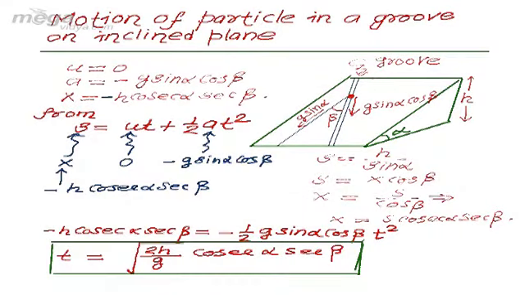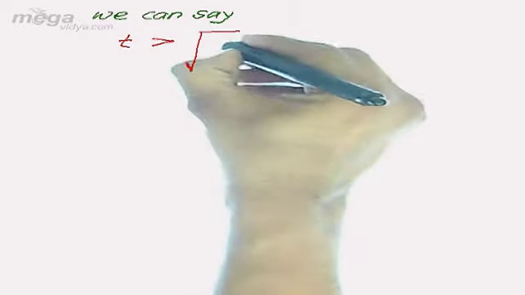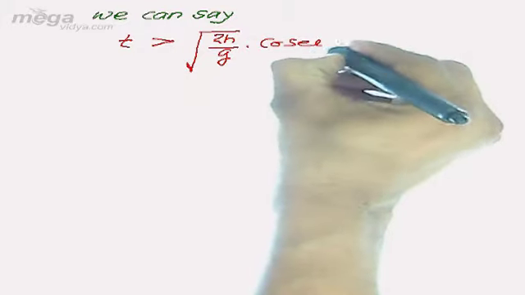From here we can say that sec beta is greater than 1, because the angle beta can be between 0 degrees to 90 degrees only. So we can say that t is greater than the square root of twice h by g cosec alpha.